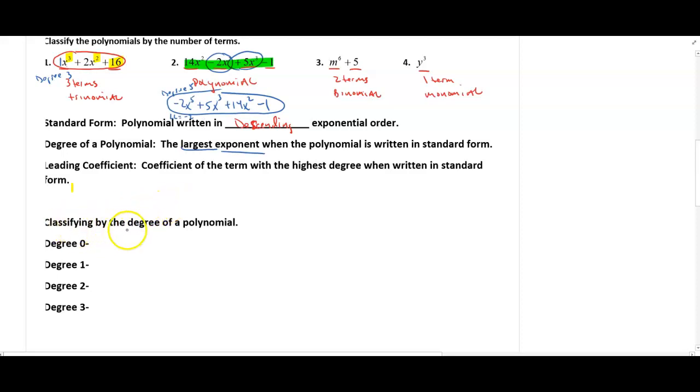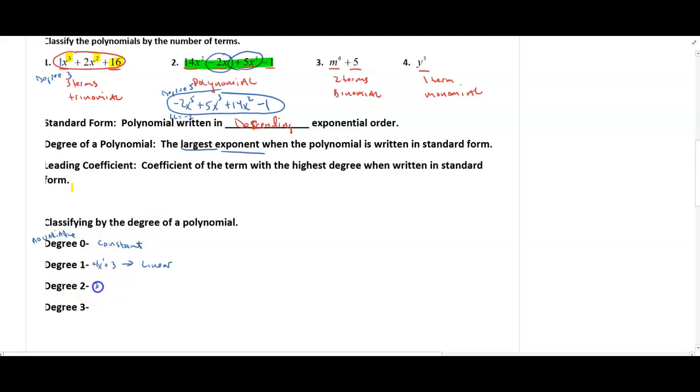Now, when we classify a polynomial by degree, a degree 0, meaning there's no variable, that would just be a constant. A degree 1, where the highest exponent is 1, or just like 4x, that's called a linear function or polynomial.